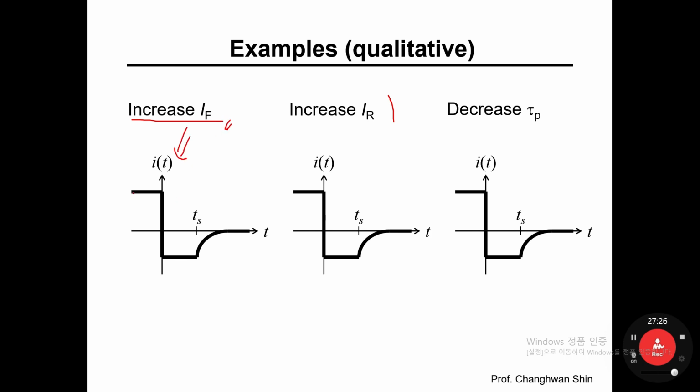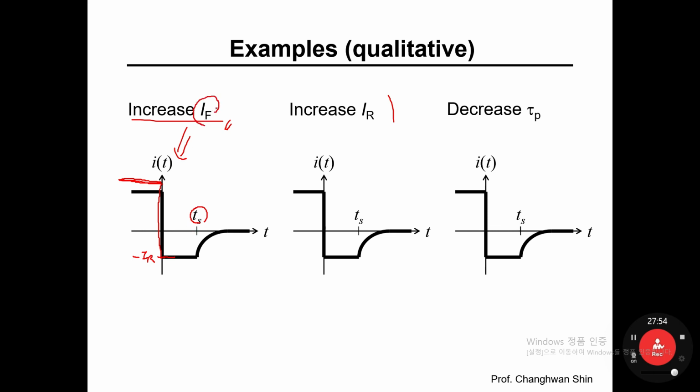How can this measured curve be modified? You can see that this plot, IF, has been increased, and since minus IR has not been modified, it stays the same. But you should determine whether the storage delay time becomes longer or shorter.